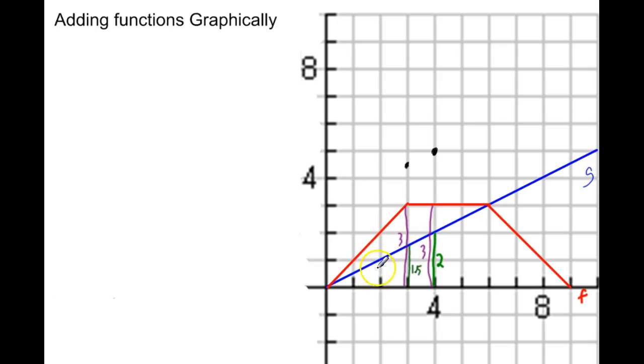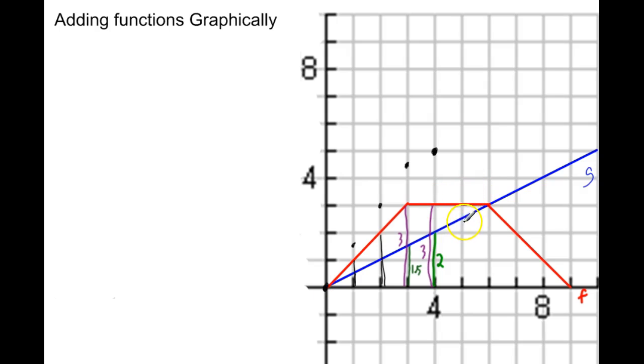So I'm just adding these graphically. I'm doing this a little faster now. 1 and 2 would be 3. 1/2 plus 1 is 1.5. 0 plus 0 is 0.